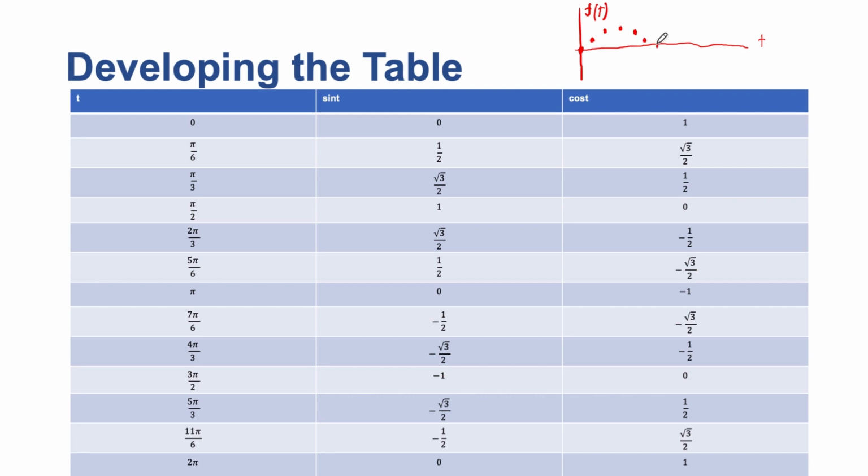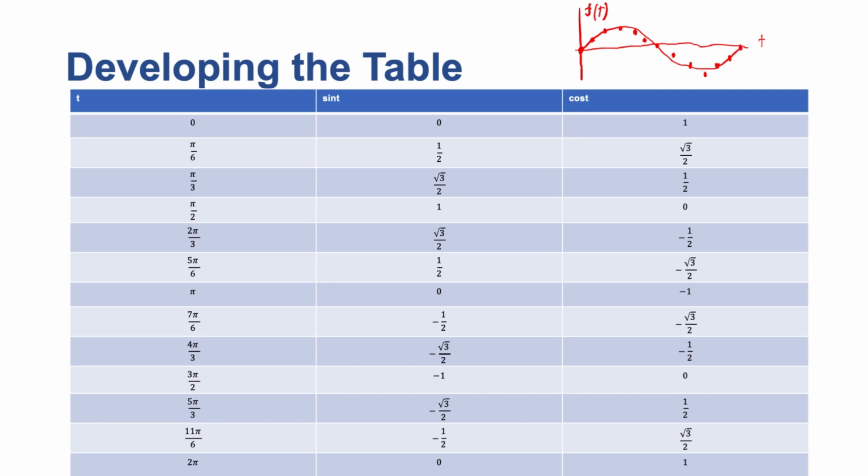Then I get 0. And then we're going negative 1/2 at 7 pi over 6. Then we go to negative root 3 over 2. We go to negative 1. And we go back to negative root 3 over 2. We go back to negative 1/2, and then we go back to 0. That's our sine, a sketch of a sine curve.